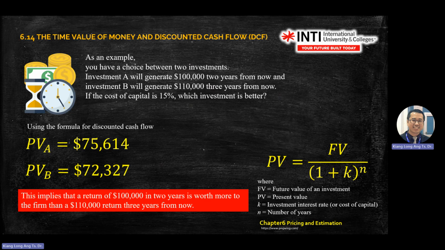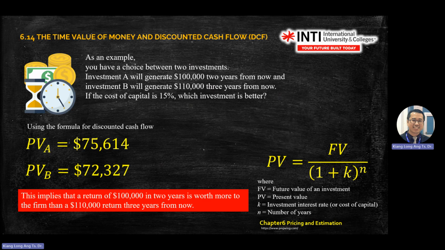So if you look at the numbers, 75K you put in, it will give you 100K in 2 years. And present value B, you put in 72K, you need 3 years to generate another 10K.